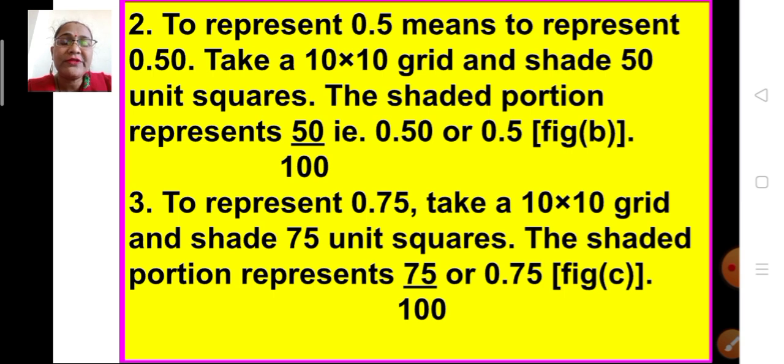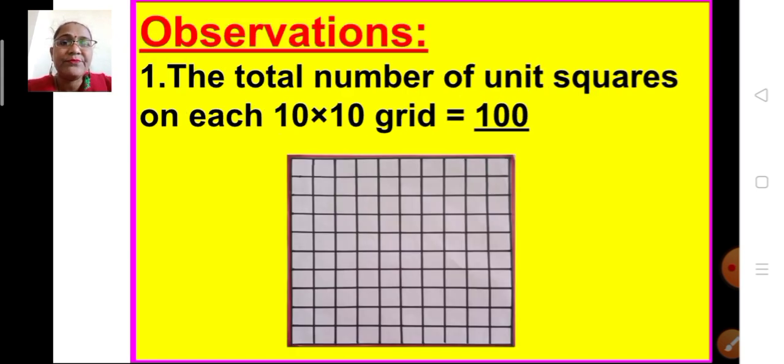The shaded portion represents 75 upon 100 or 0.75, which is shown in figure C. Then you will write observations. In the first point, you will write the total number of unit squares on each 10 by 10 grid is 100. If you count the number of total squares on this 10 by 10 grid, you will see it is 100. Children, no need to draw this grid in the observation.